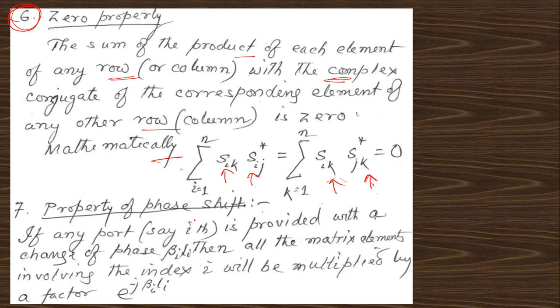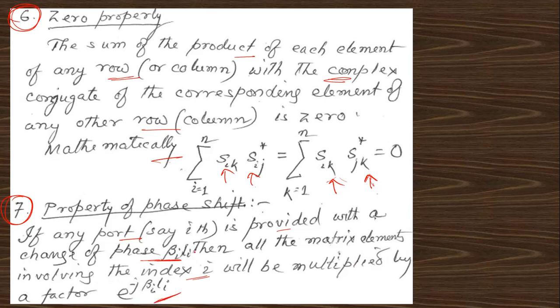And the next property is the phase shift property. If any port is provided with a change in phase, that is e to the power of minus j theta i, this is the change in phase, then all the matrix elements involving the index i will be multiplied by this factor.